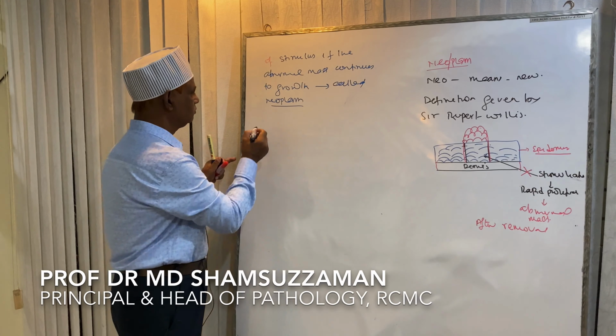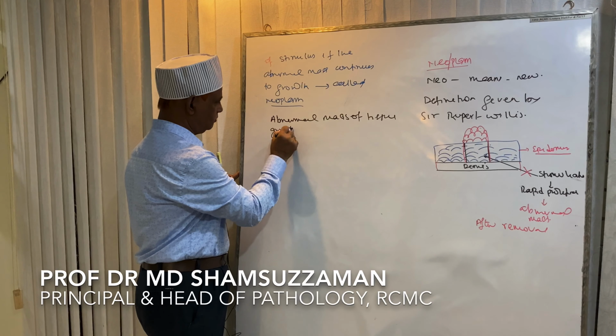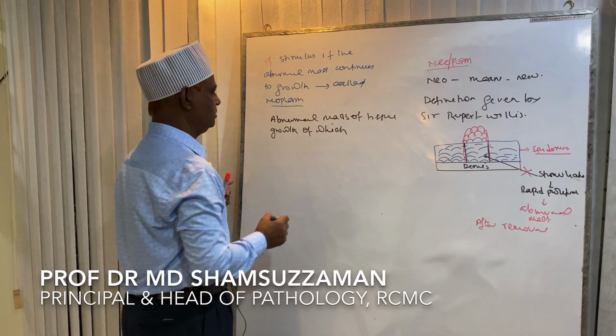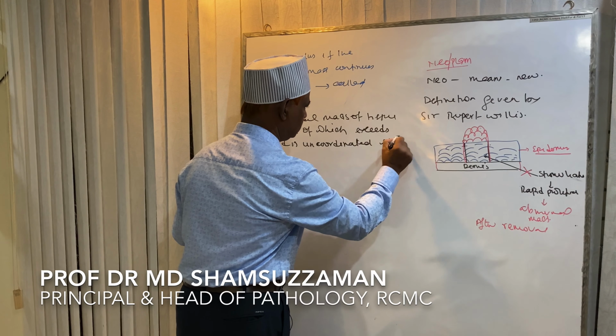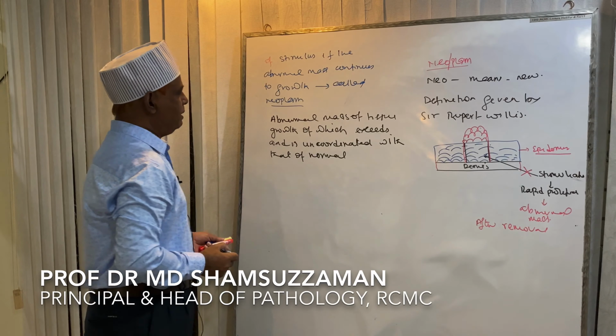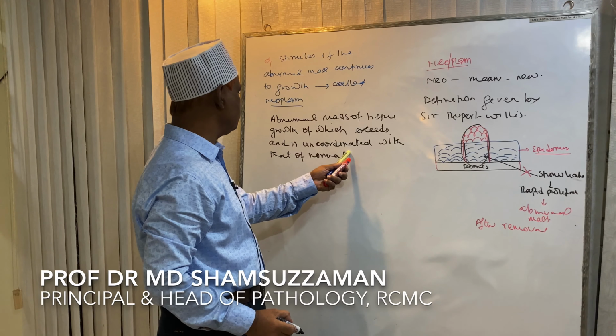Abnormal mass of tissue, growth of which exceeds and is uncoordinated with that of normal tissue.